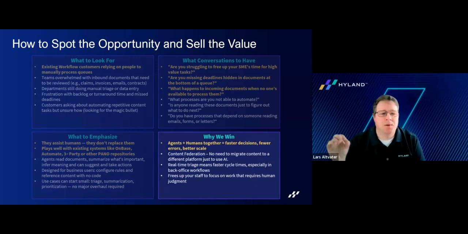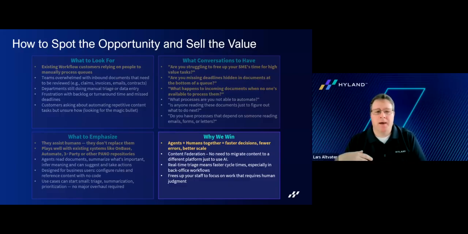We win because agents and humans together make for faster decisions, fewer errors, and they scale better, right? When you have sudden increases in demand, and now your inbox has 150 instead of 50 documents, you can scale by inserting agents into the process.